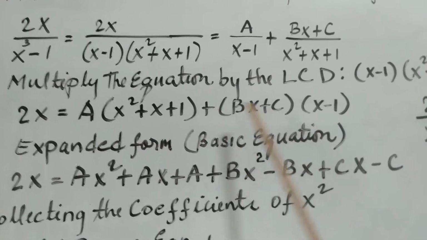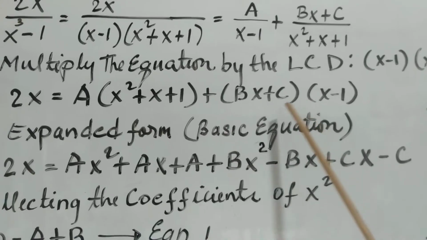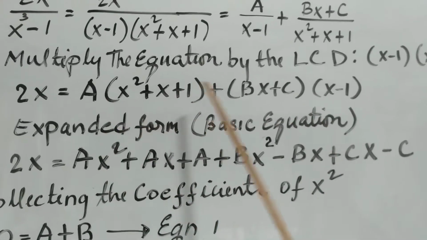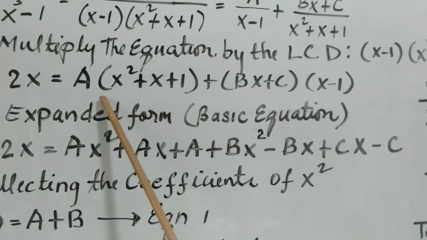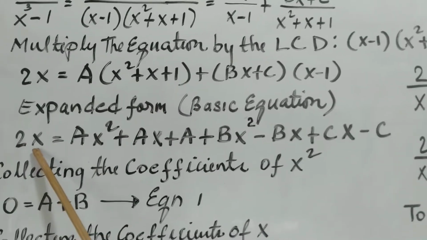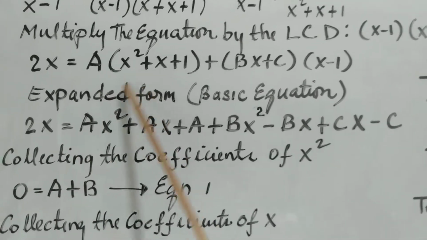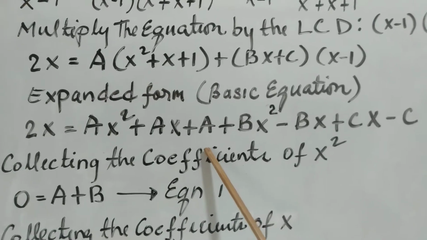So, we get the expanded form of the right side of the equation by distributing A and Bx plus C. If we multiply this one to the parenthesis here, we get 2x is equal to Ax squared plus Ax plus A, I mean.